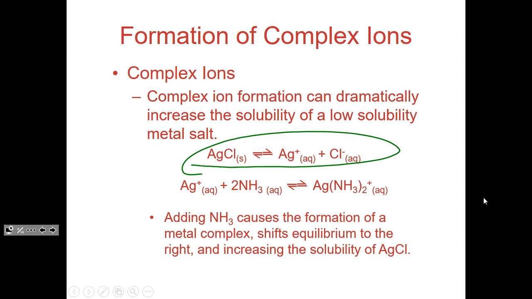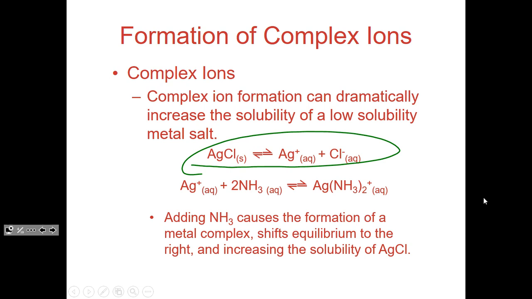How can we make more silver chloride dissolve? Well, if I remove the silver from solution, that would shift equilibrium to the right, increasing the solubility of the silver chloride. And the more silver I can pull, the more I'm going to increase the solubility of that low solubility salt.